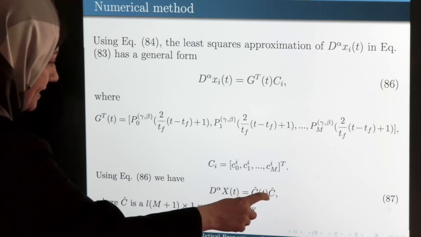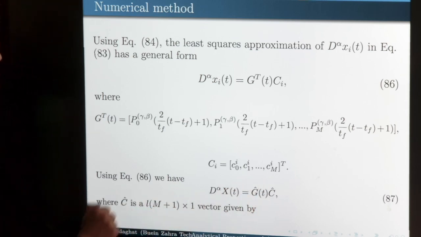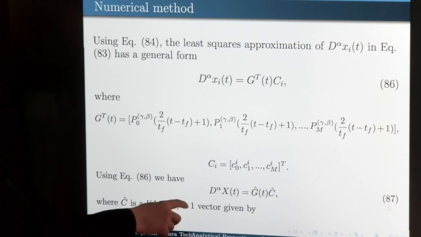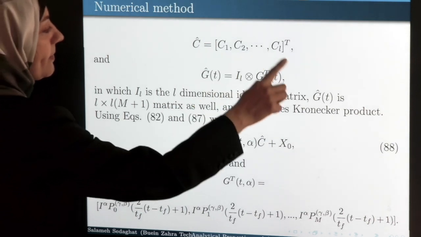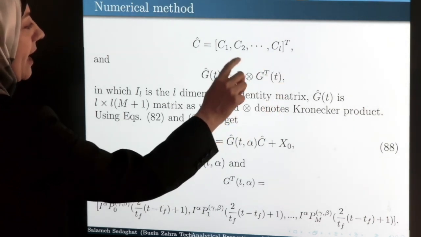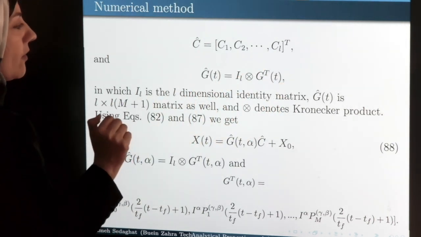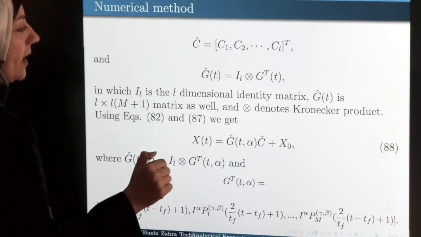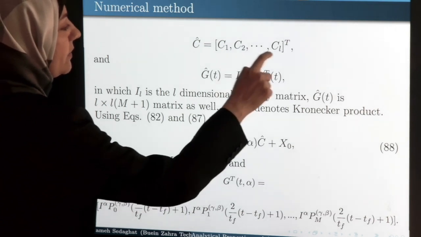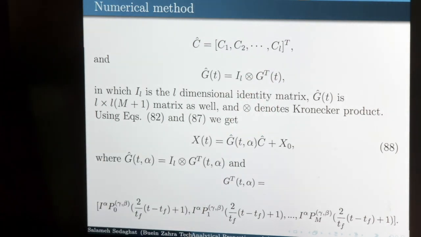Here c hat is an L times n plus 1 times 1 vector, and g hat can be obtained from this equation. Here we have an identity matrix of order L times L. Here it's the Kronecker product, and we know that it is a base function.